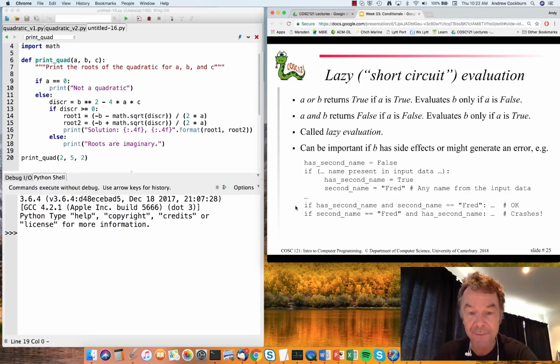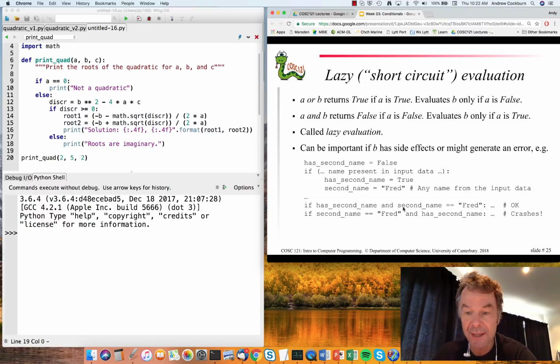If that were the case, this following statement, if has second name and second name is Fred, okay, imagine the situation in which no assignment has been made to second name, has second name will be false, and it's impossible for false and something to be true.